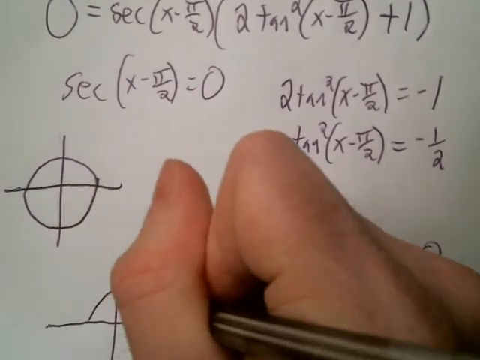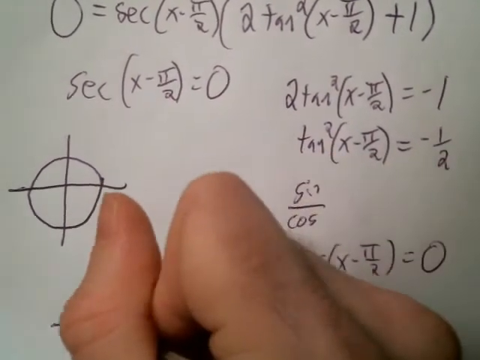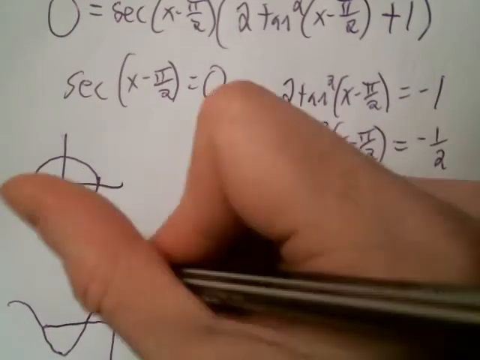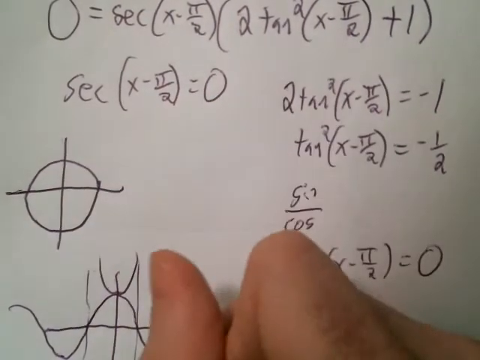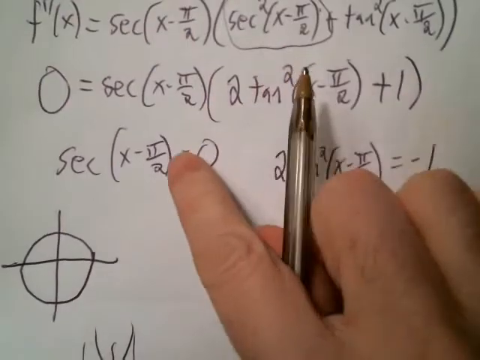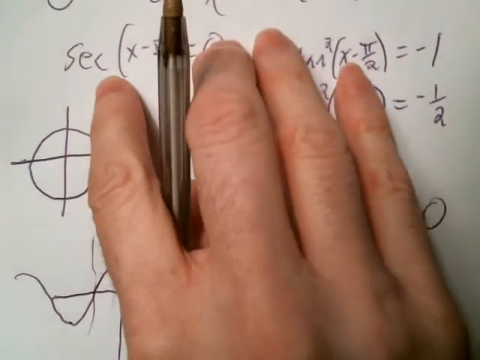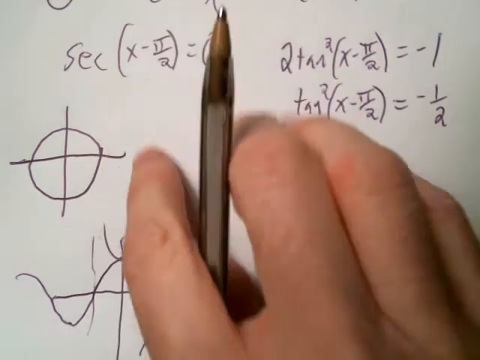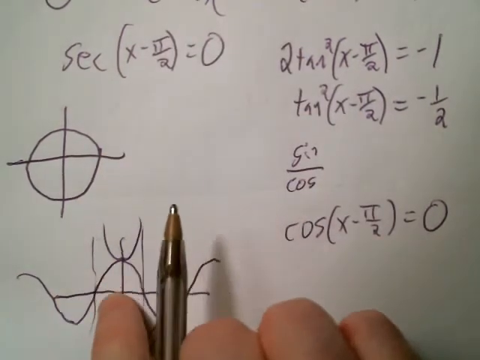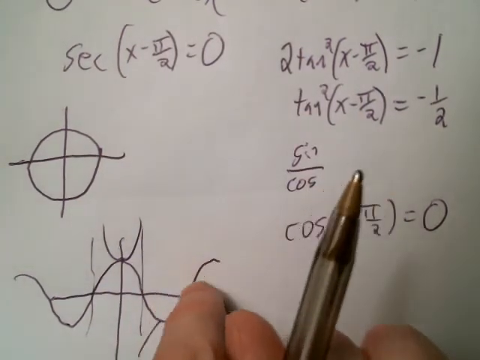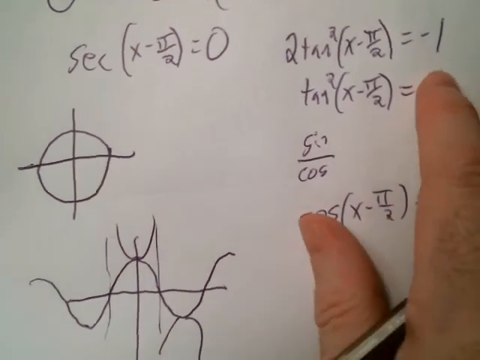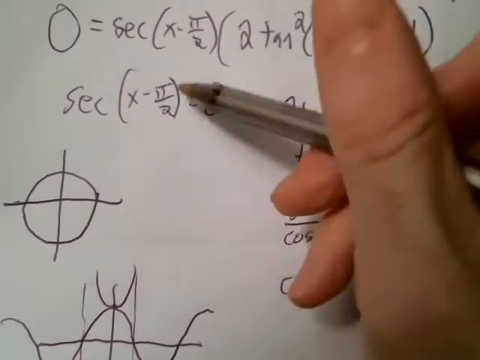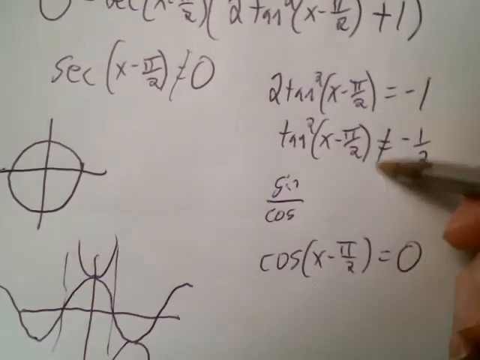Because secant is kind of living off of the cosine function. So here's the cosine function, and then the secant would be like this on top of it. If you go x minus pi over 2, all that's going to do is move the secant function to the right. And that won't affect the fact that the secant will never equal 0. So this guy is never going to happen.